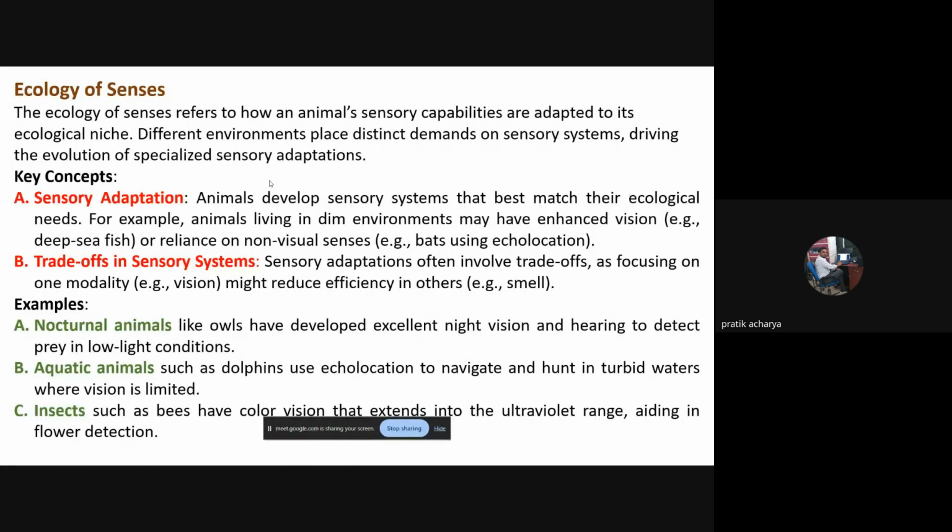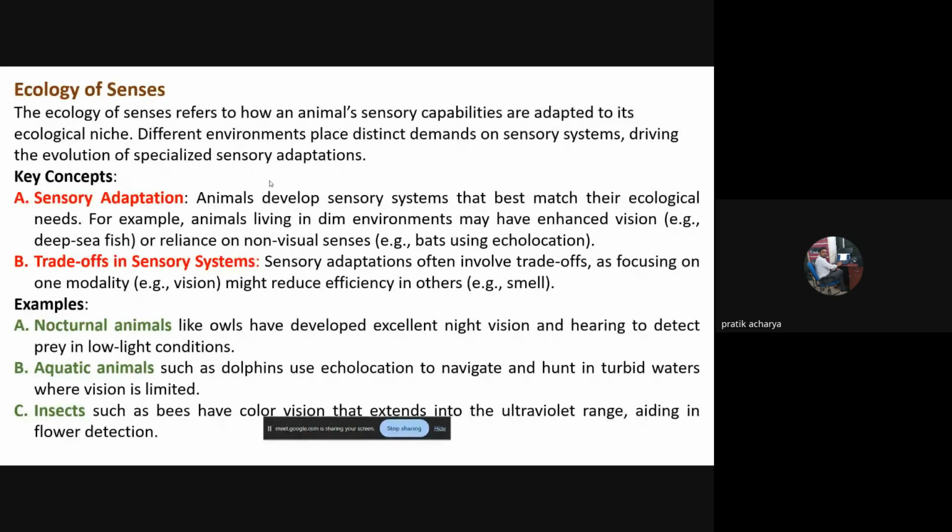Certain examples are cited here. Nocturnal animals like owls have developed excellent night vision and hearing to detect prey in low light condition. Aquatic animals such as dolphins use echolocation to navigate and hunt in turbid waters where vision is very limited. Insects such as bees have color vision that extends into ultraviolet rays, aiding in flower detection.